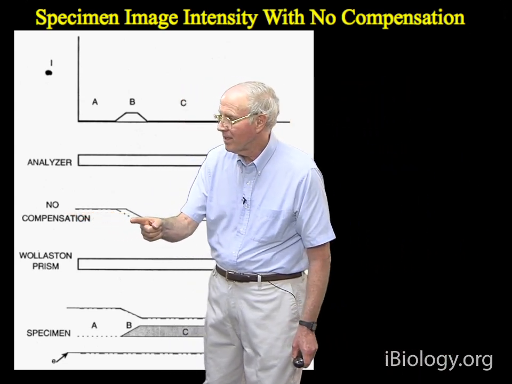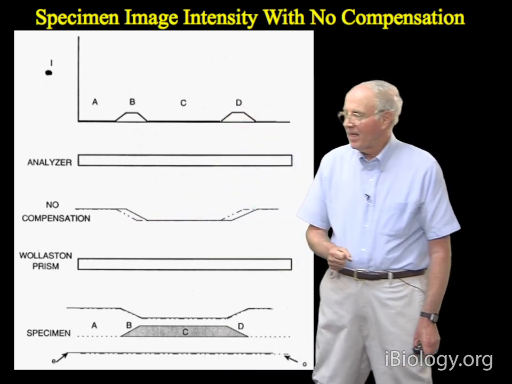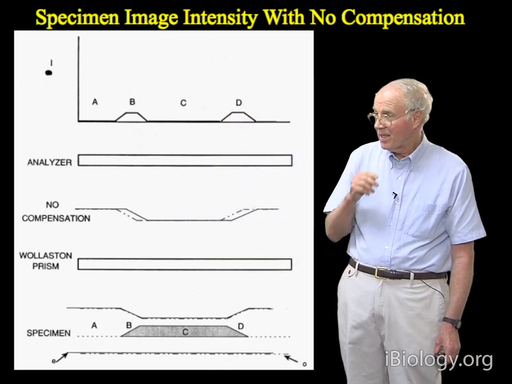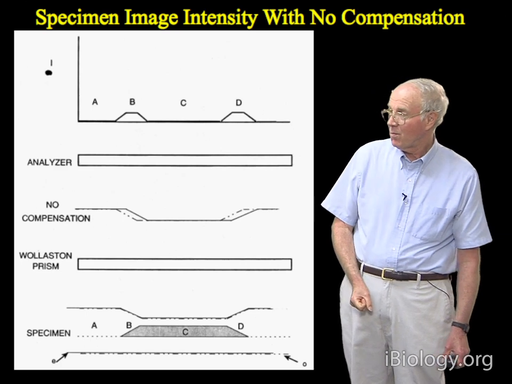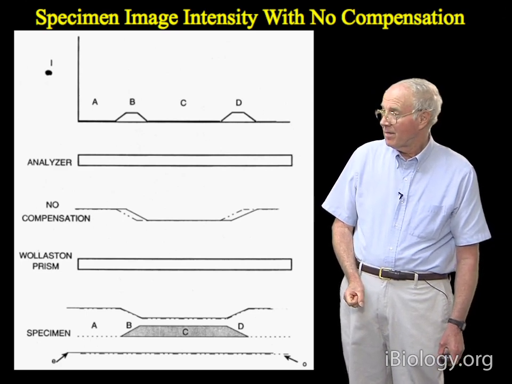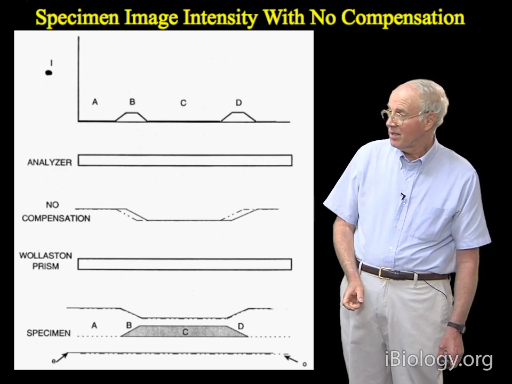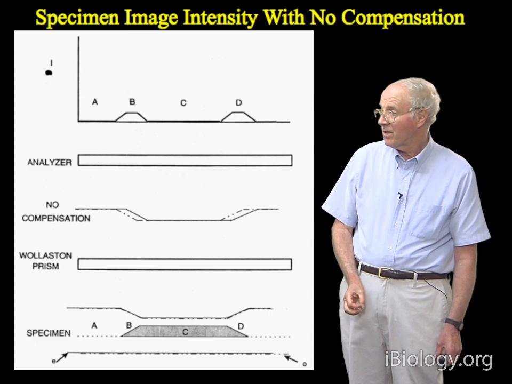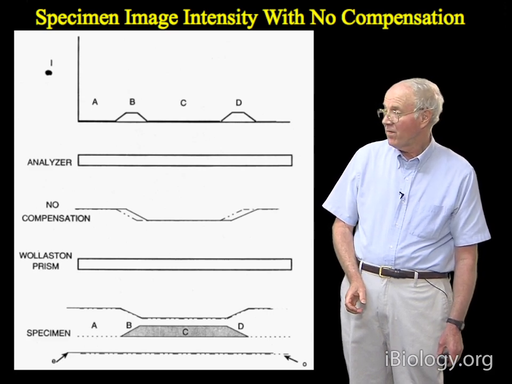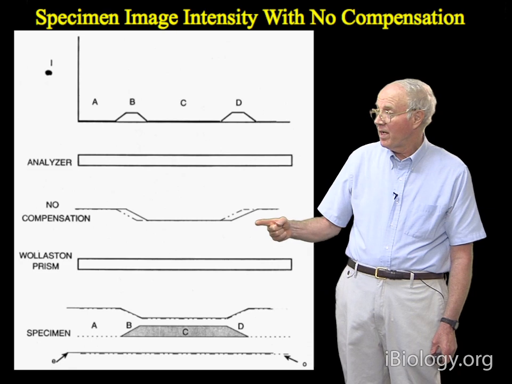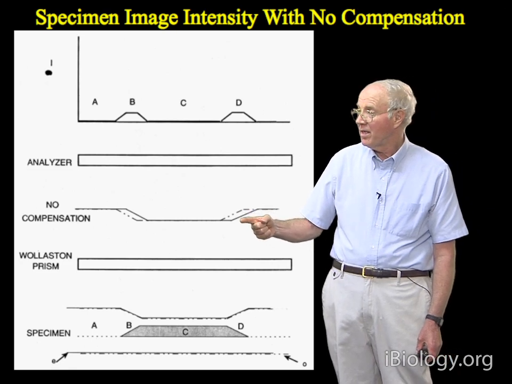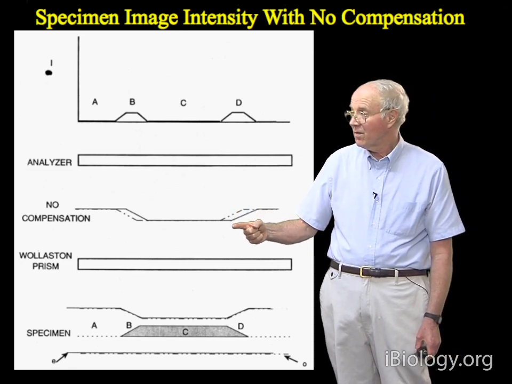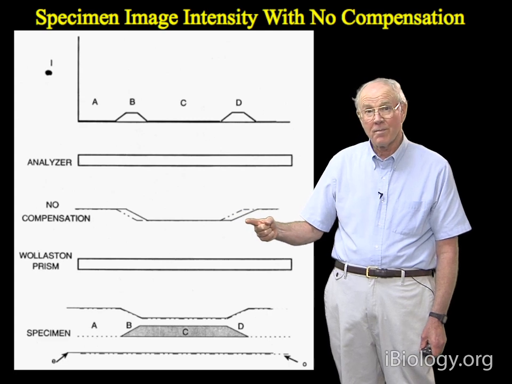But look what happens at the edges. That shifting by the objective Wollaston prism shifts the retardations of the edges for the two wavefronts away from each other. So now where we had edges, we now have a retardation difference between the two edges.